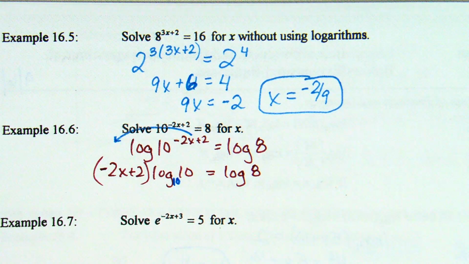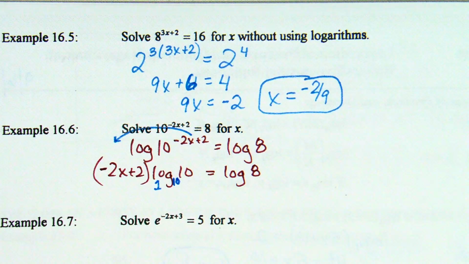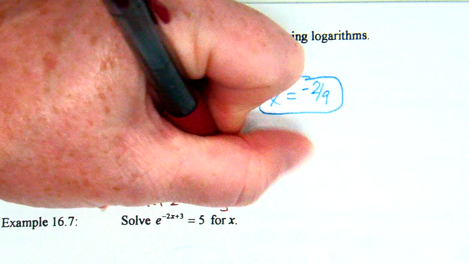So log base 10 of 10 is 1. Or if this was log base 5 of 5, that would be 1, or any number you throw in there. So since it's log base 10 of 10, this is going to be 1. So if this is 1, we're really just left with negative 2x plus 2 equals log 8.